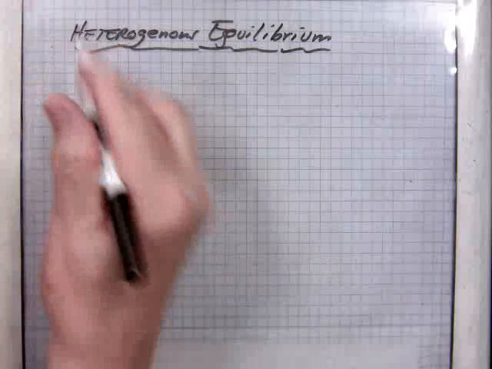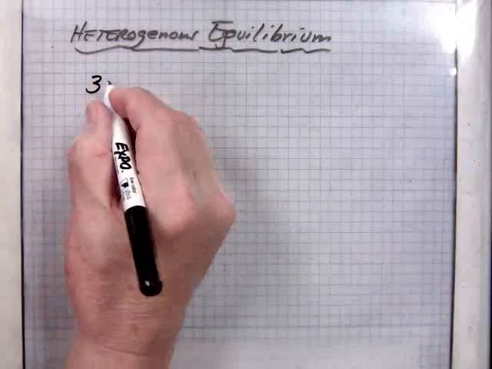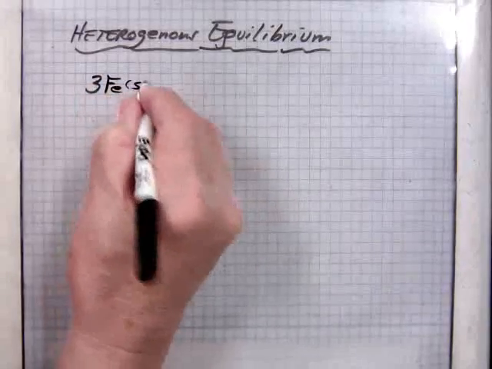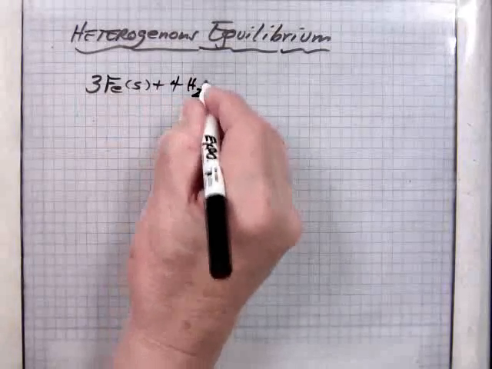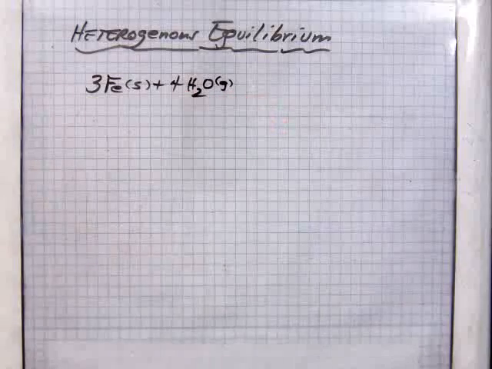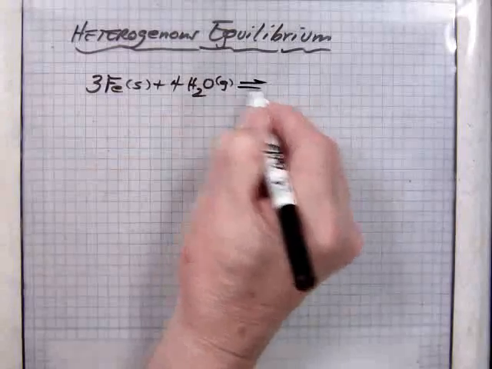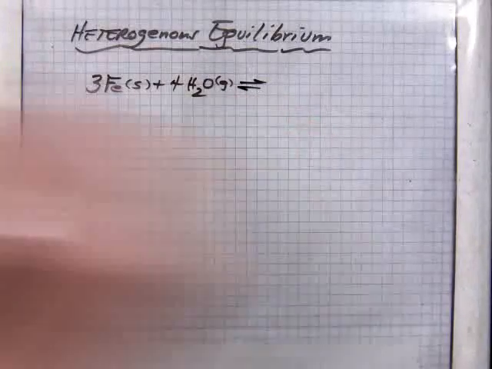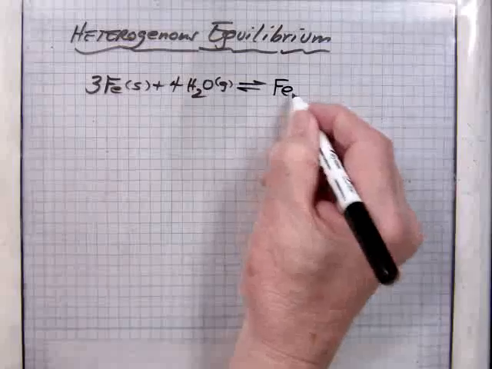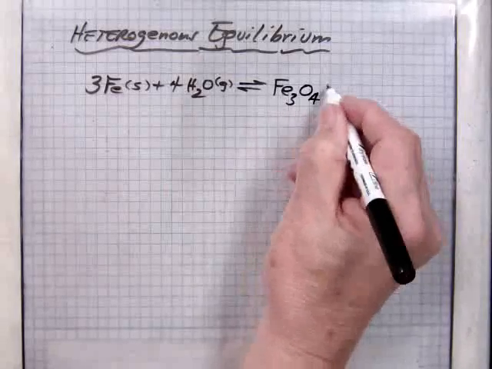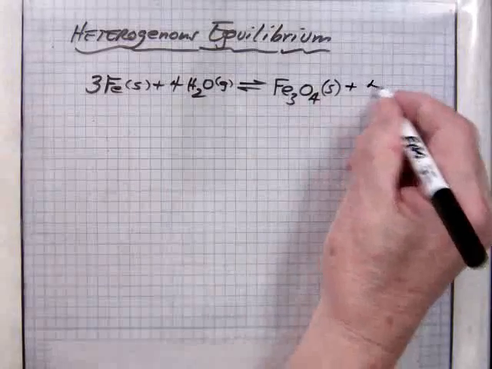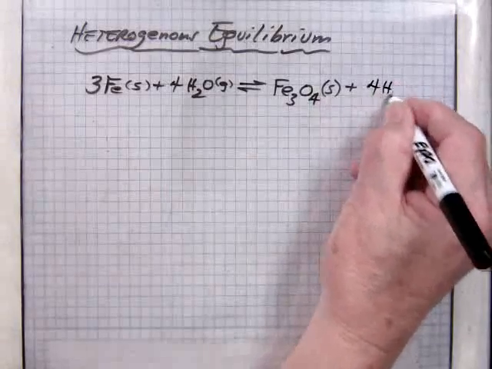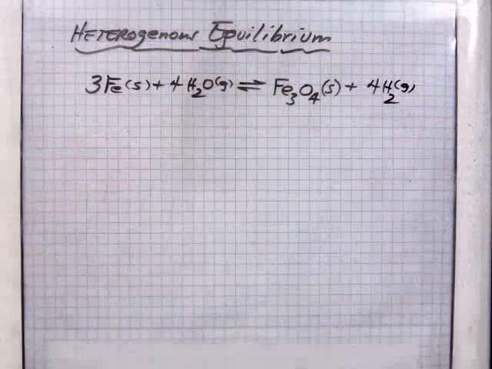Okay, the reaction I want to use is 3Fe as a solid plus 4H2O gas, or water gas, steam, however you want to look at it, in equilibrium with a weird form of iron oxide, and it's a solid, and the outcome is hydrogen gas, 4 moles of hydrogen gas.